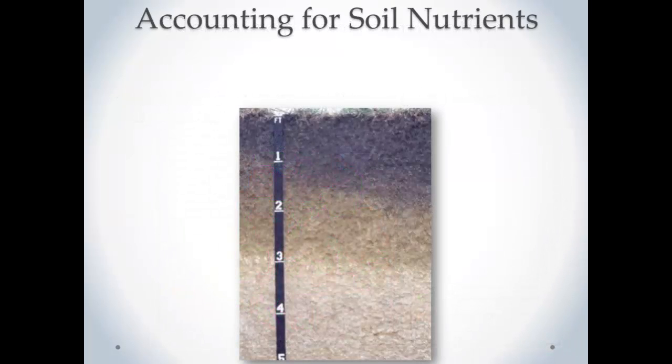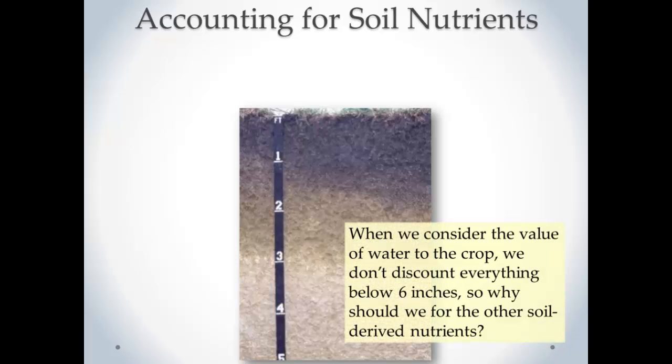Another example is to look at how we might use different methods. In this case, I'm going to use soil EC again to account for soil nutrients. Typically when we're doing assessment of soil nutrients, we take a soil probe, poke it in the ground, and it goes down to about 6 to 8 inches, and we use that very shallow sample to assess what the nutrient availability will be for the crop.